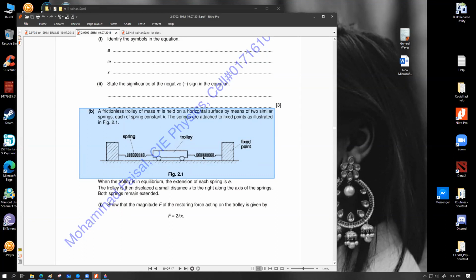The extension of the spring was how much? e, right? If you want to keep the spring in its extended state, you cannot move the trolley to the right by a value of e. You have to move it less. We have moved the trolley to the right by a distance of x, which essentially means e is greater than x.